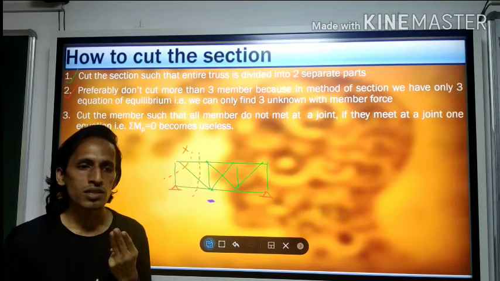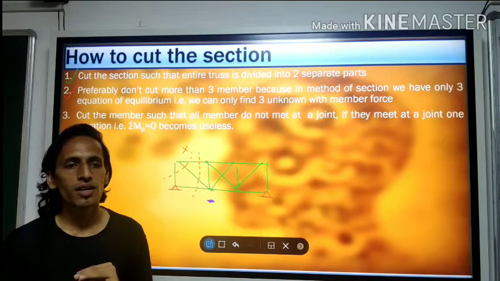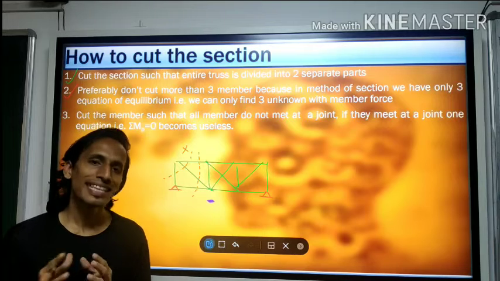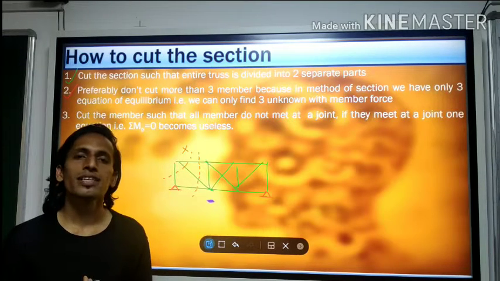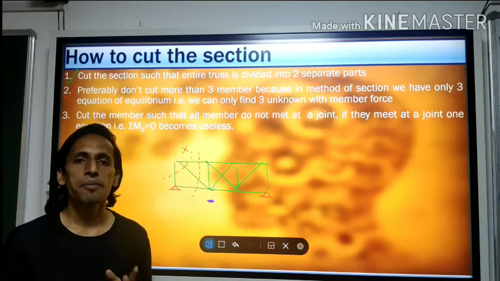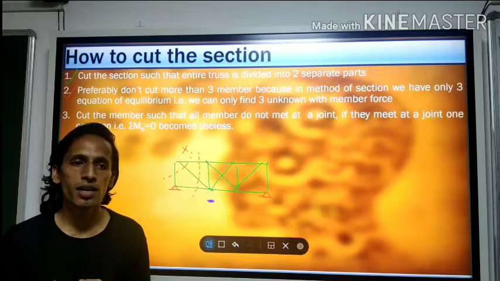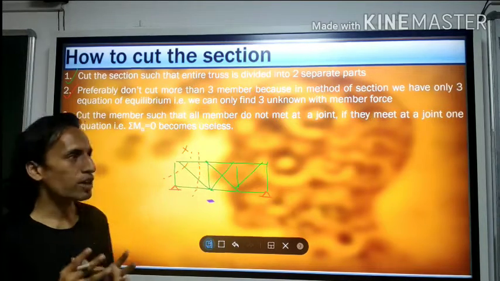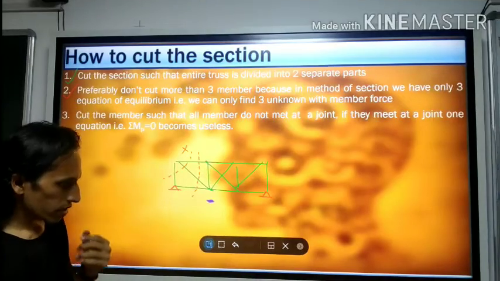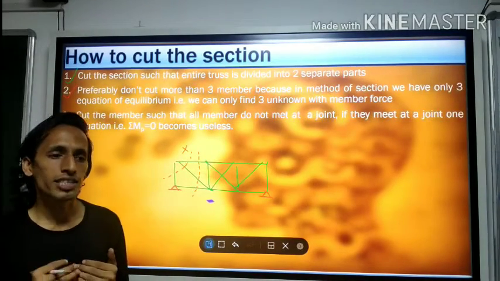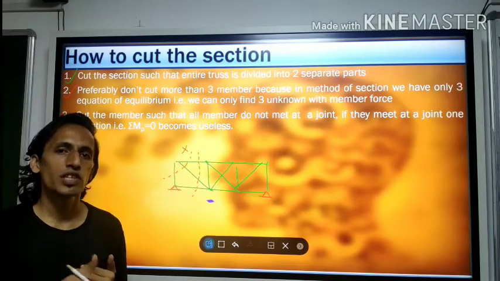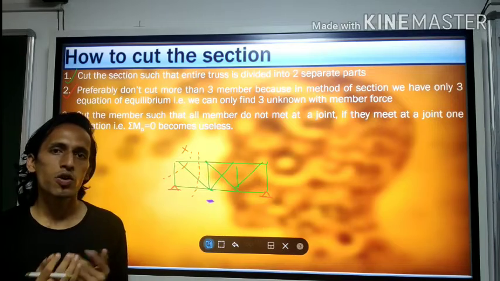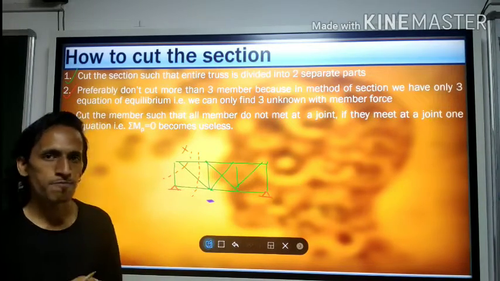So it is a bad idea to have more than 3 unknowns. If there are more than 3 unknowns, you will not be able to come to a suitable conclusion. So try to avoid a section which has more than 3 unknowns. Less than 3 or 3 will work.